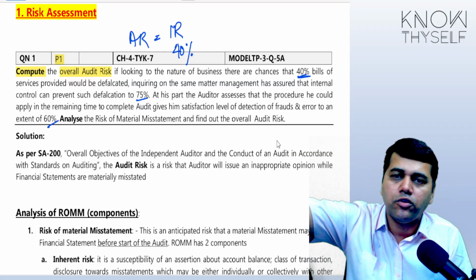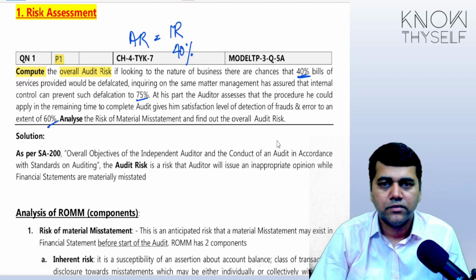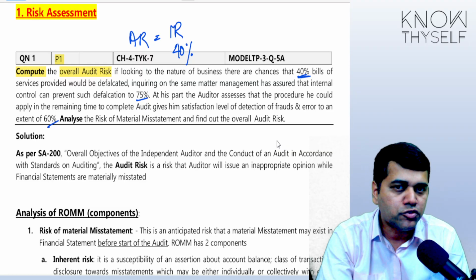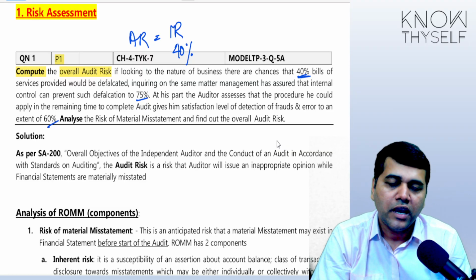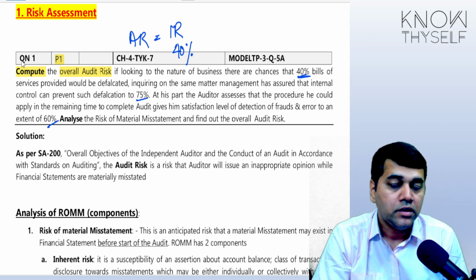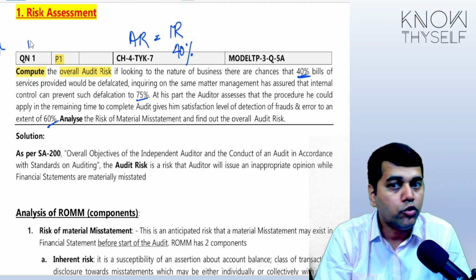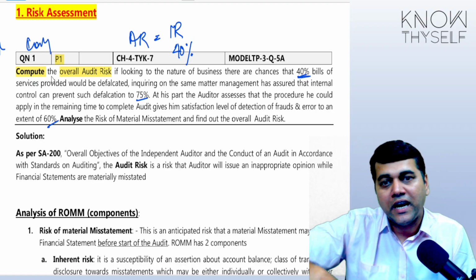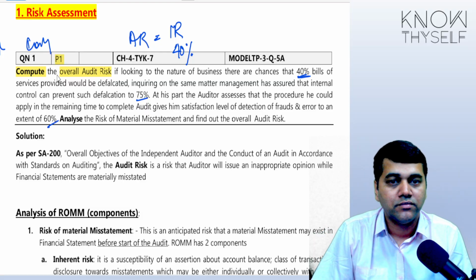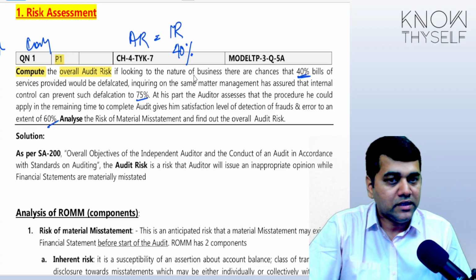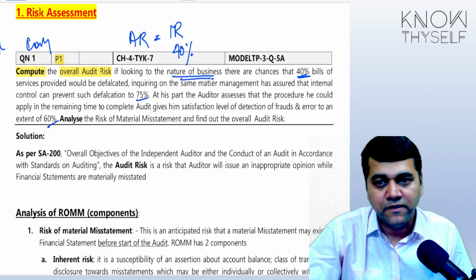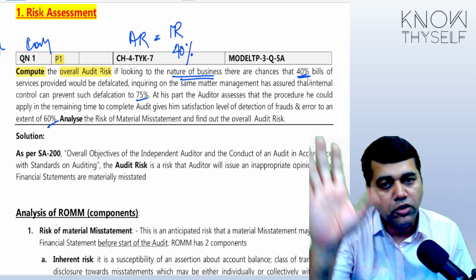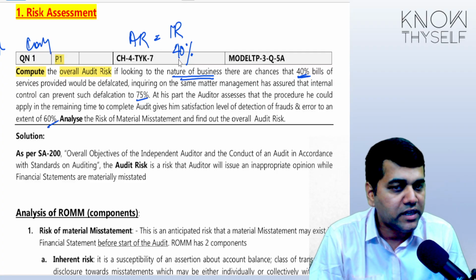For example, you must have gone to some hilly area for trekking or boating, where they don't have a QR code and deal only in cash. This environment gives high scope for manipulation. This is what they are telling: the nature of the business is such that 40% of the bills provided have a chance of defalcation. That means my inherent risk is 40%.